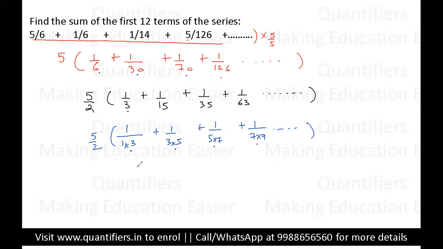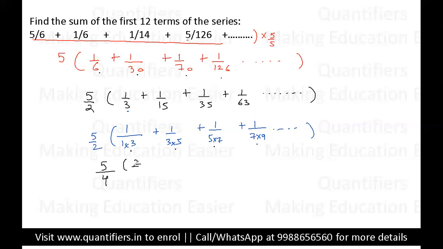So now what I'm doing is, students, I'm multiplying and dividing it by 2, right? Because if I multiply and divide it by 2, so now can I say this is what I'll be left with? 5 by 4 I'll get, and I'm multiplying each of the numerators by 2.